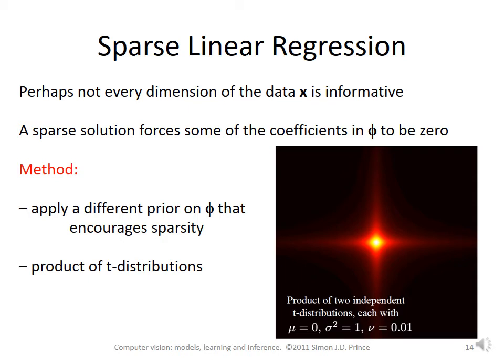We're going to achieve this by introducing a product of t distributions. So imagine a student t distribution, which has long tails, but we're going to multiply one along one dimension and another along another dimension, so we have a figure like the one shown here. In other words, in our joint space of weights that we could apply to dimension 1 on the horizontal axis and dimension 2 on the vertical axis, we're saying that combinations where the two weights are close to 0 are possible and have a high probability.